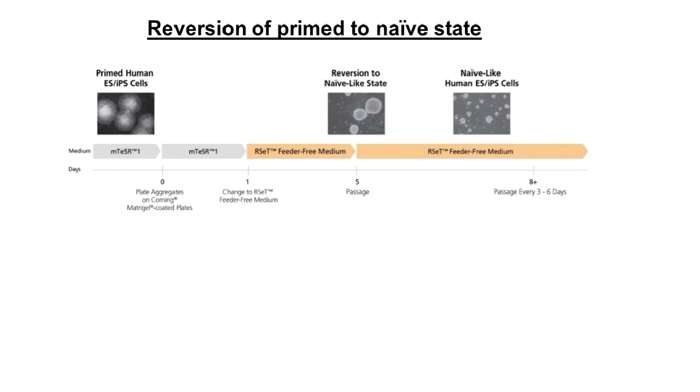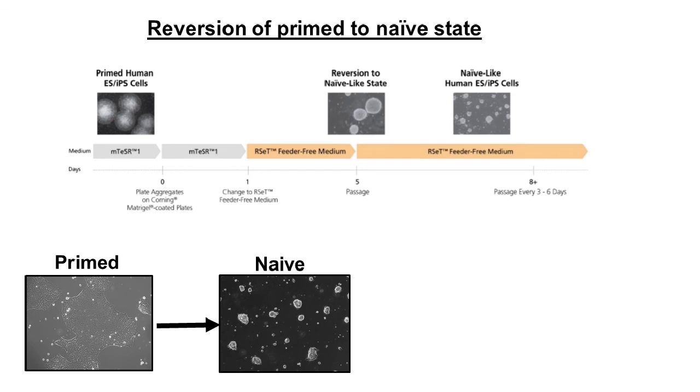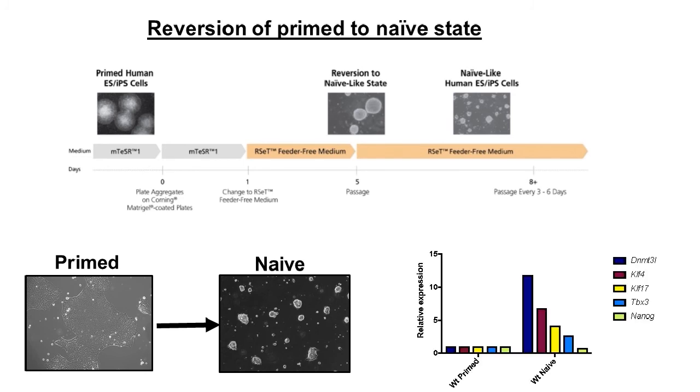As you can see in the RSET media, the prime cells can be reverted into the naive state, just by looking at their dome-shaped morphology, which is characteristic of naive cells. And the naive cells have higher expression of genes known to be associated with the naive state, for example, KLF4, KLF17, TFAP2C, etc.